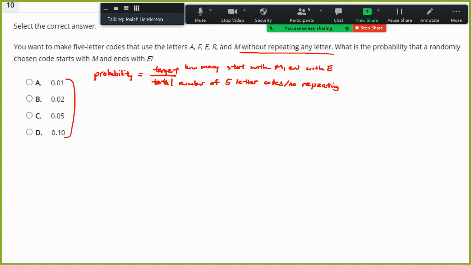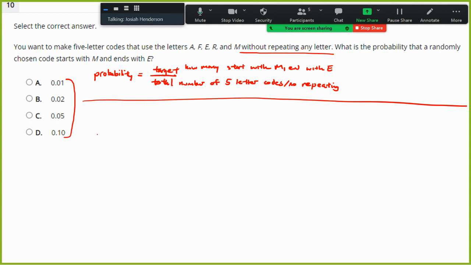Okay, so let's start with the denominator number. The total number of 5-letter codes, no repeating. Because it's without repeating any letter, and we're asking how many ways there are to arrange those 5 letters, this is essentially a fundamental counting principle question.